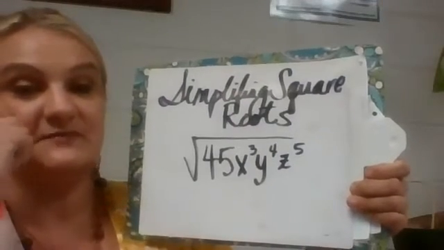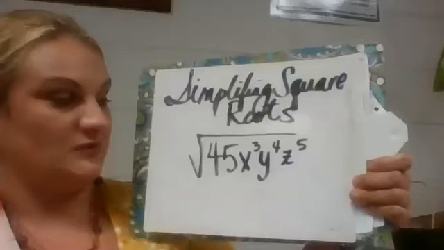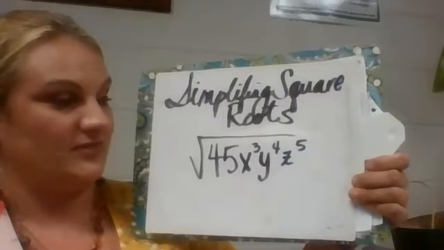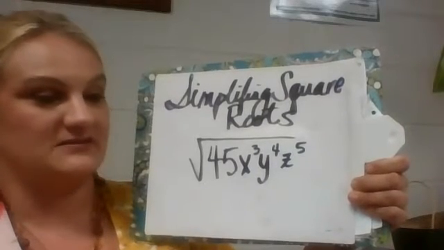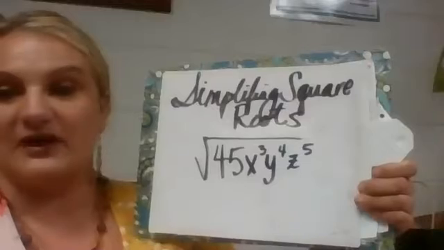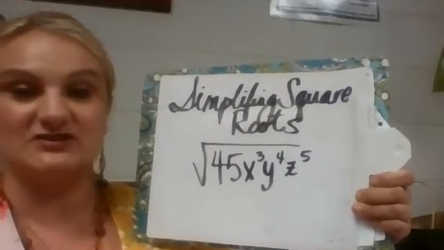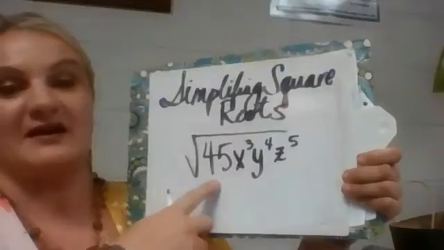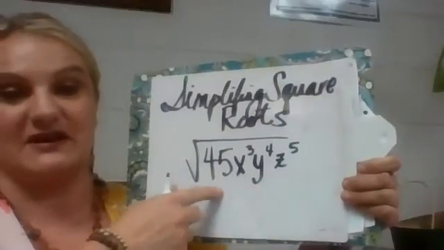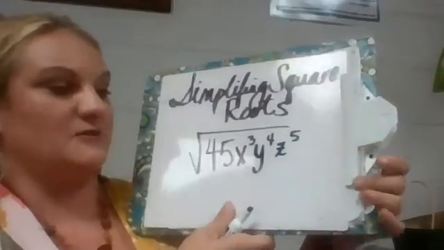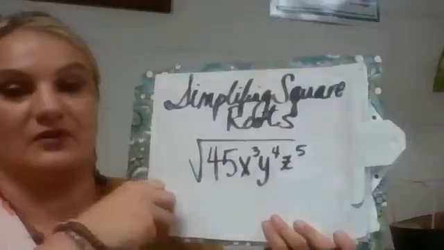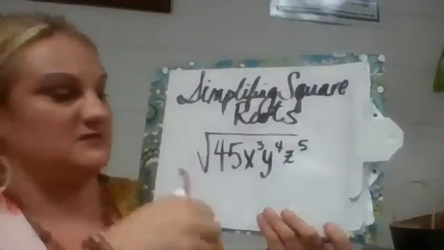So we are going to simplify the square root of 45, x to the third, y to the fourth, and z to the fifth. Okay, when we simplify these, the first thing that we are going to ask ourselves is the radicand, which is inside the radical, is it a perfect square root? No, it's not a perfect square root.